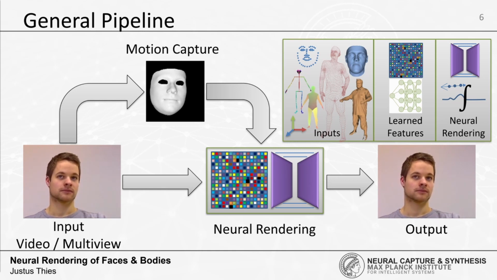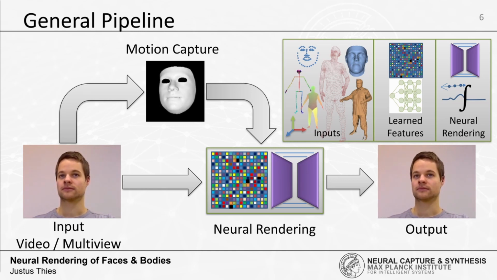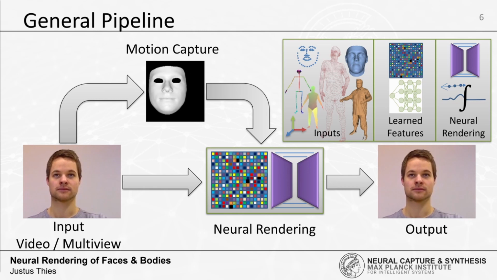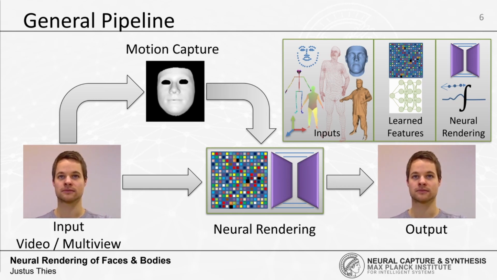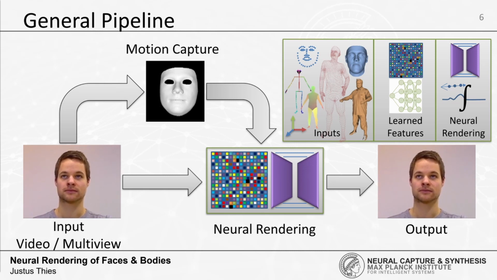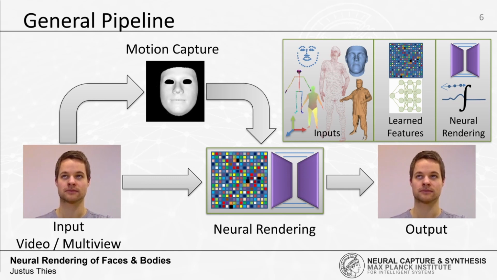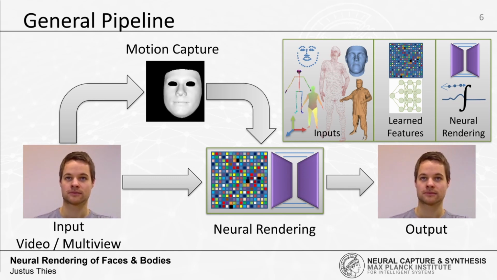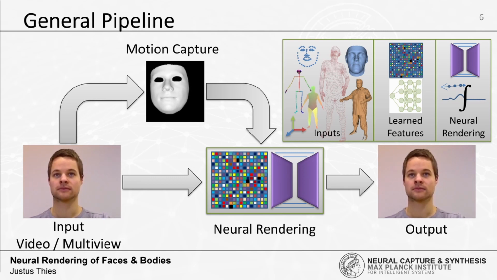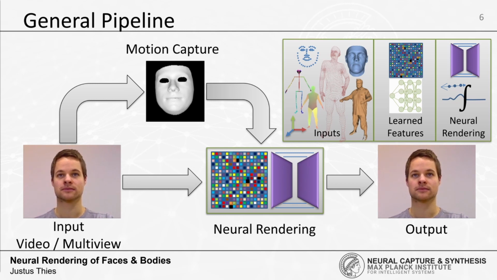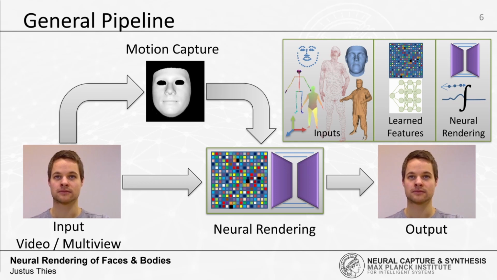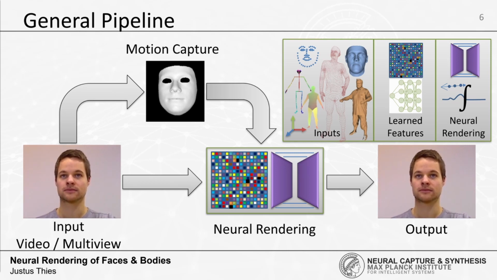Based on these conditionings and the learnable features, current neural renderers are either using some kind of image-to-image translation network based on the forward-rendered conditionings, like the 2D landmarks or dense synthetic renderings, or they are using a raycasting method with a learned or fixed integration scheme to produce the final pixel colors, which is basically similar to the NeRF approach.